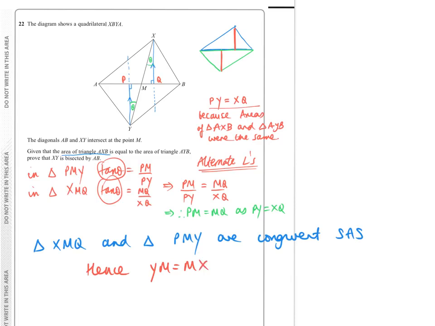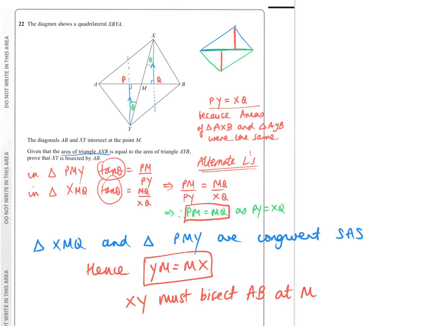Now, if YM equals MX and PM was equal to MQ, then that means that XY must bisect AB at M. And if you think about it, we've shown that this length is the same as this length, and AB goes through here at M. So M would be the midpoint of XY, and to be the midpoint, if AB goes through it, then it must bisect it into 2 equal pieces.